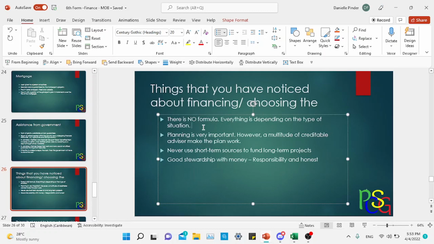Because as it says, having a multitude of advisors makes the plan work, right? So trust me, in dealing with finances, get a person who knows what they're doing. And then also planning is very, very important. You can't just say, oh, okay, I need this amount of money.